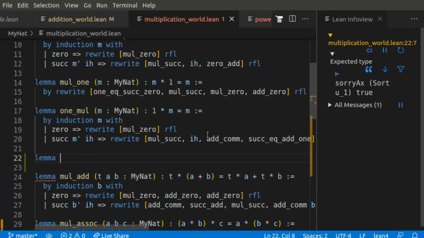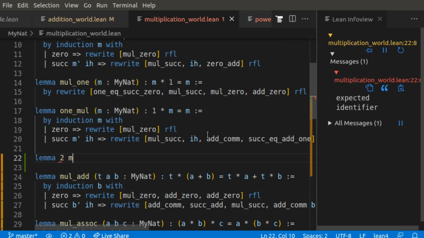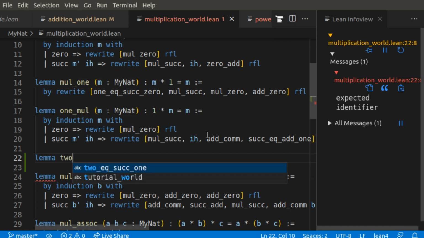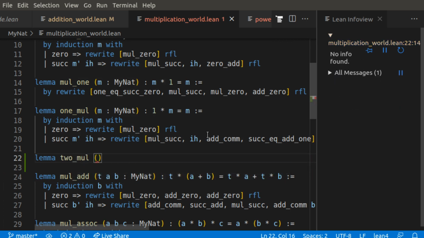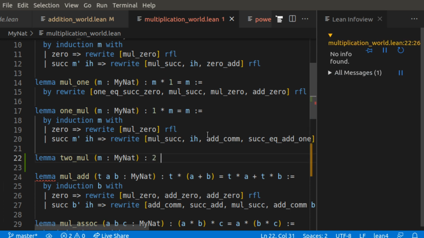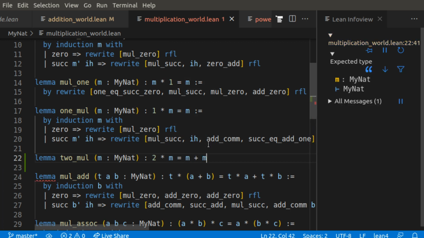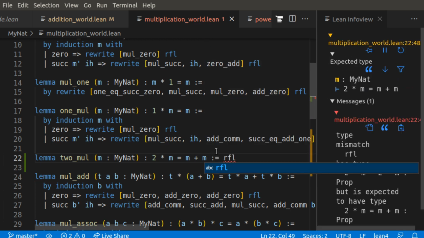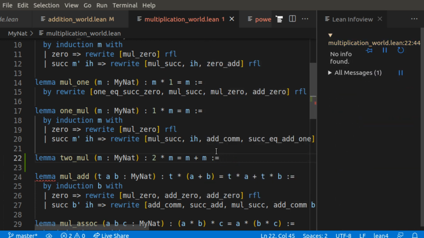Or, I guess 2 mol. 2 mol: for m, 2 times m is equal to m plus m. So we have 2 of the same things, they're equal. Can we do this reflexively? No. Okay, we can get a little more clever than that.